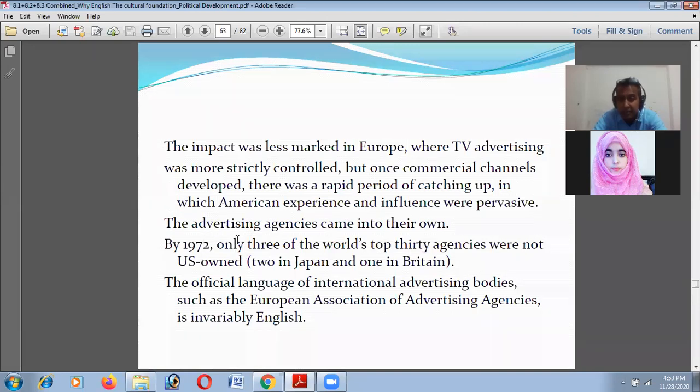So in case of advertisement agencies, as we notice in data, in 1972, the world's top 30 advertising agencies are US owned. The official language of international advertising bodies, such as the European Association of Advertising Agencies, is invariably English.